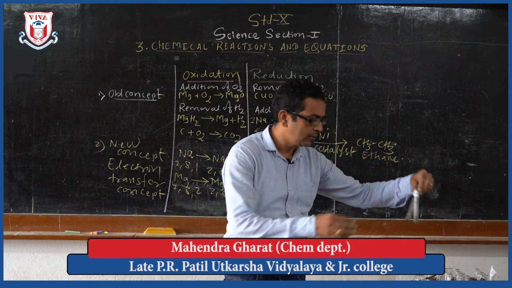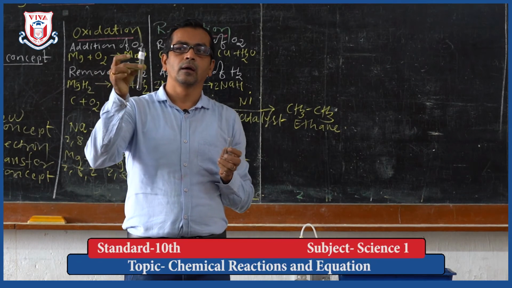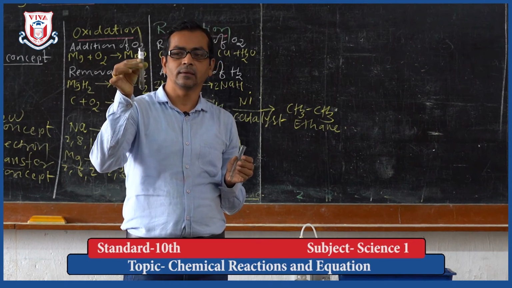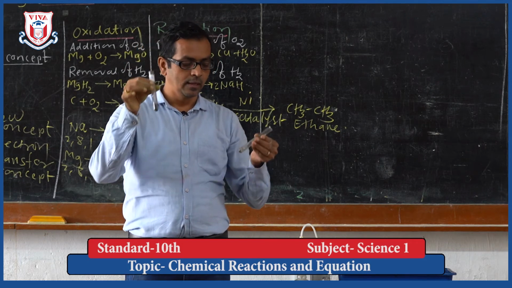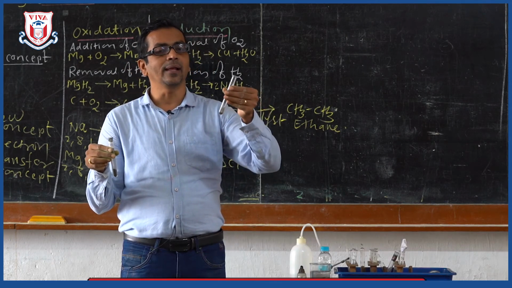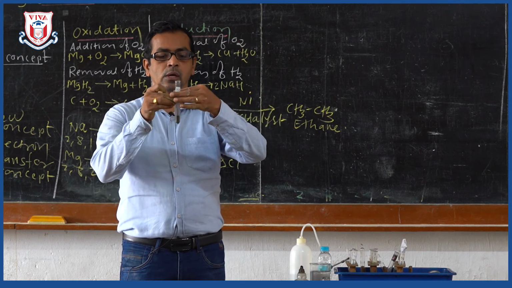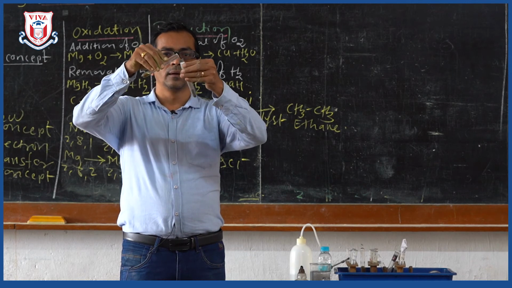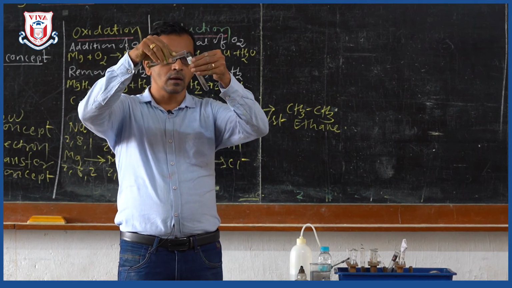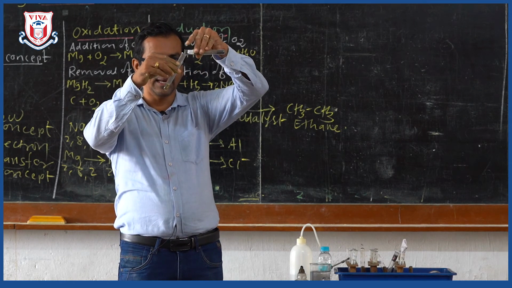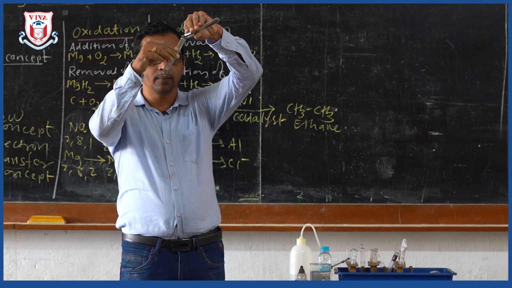See, I have manganese dioxide, MnO2, a black colored powder. In that I am going to add concentrated hydrochloric acid. I will add the manganese dioxide powder in the concentrated HCl.